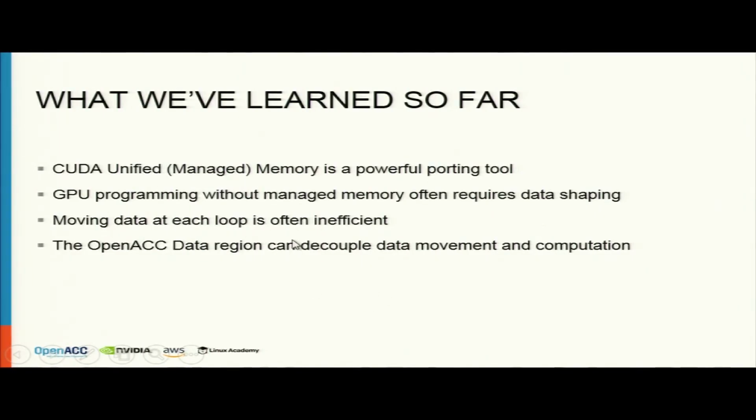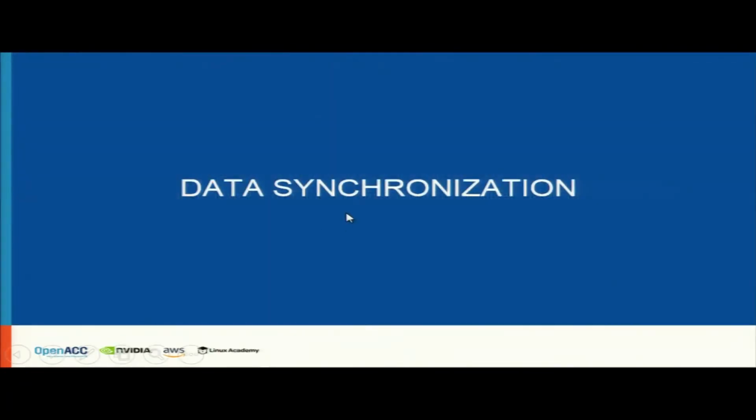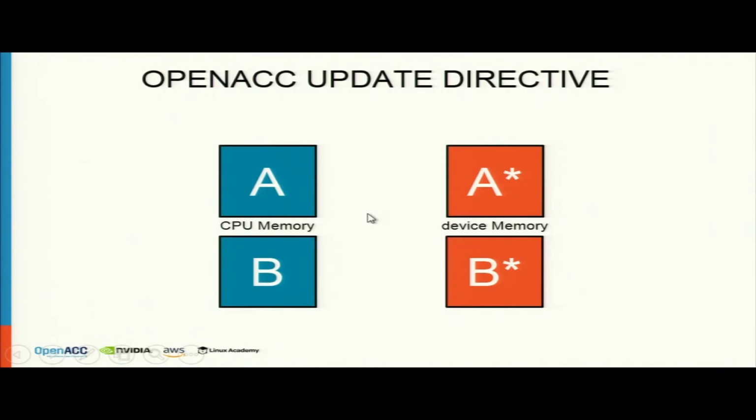Moving data at each loop is not at all efficient. You need to manage the data very, very efficiently. Now there are some cases where you might need the data in between those clauses. For that, we have something called update directives as well, which you might not use in this particular lab session, but it is worth noting that if I use #pragma acc update device in between those data clauses, it can update your device.